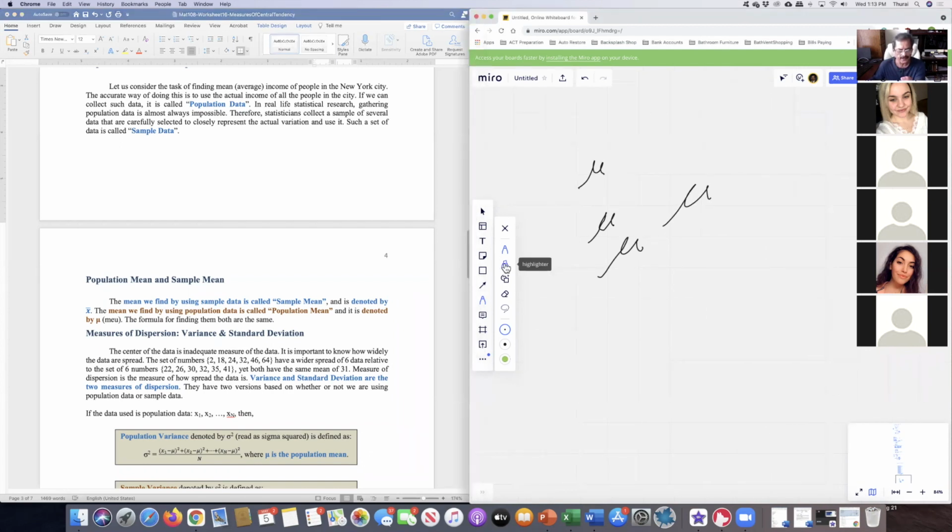In statistics, you use these different measures to analyze the data and come up with useful conclusions. So we need to understand all these different measures.